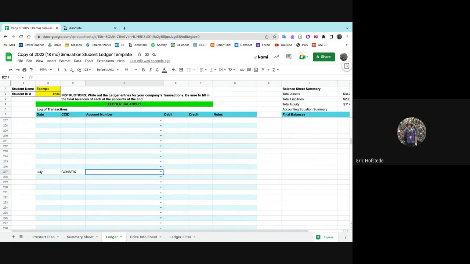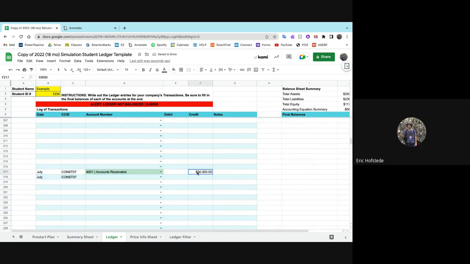So I'm going to pull out of my accounts receivable the $50,000 that I had put in there for my construction of my two auto agriculture factories.